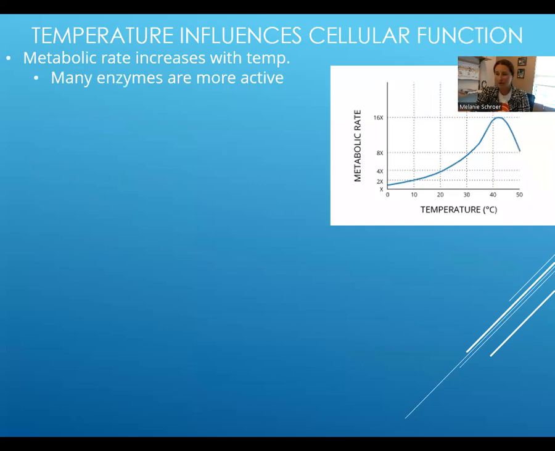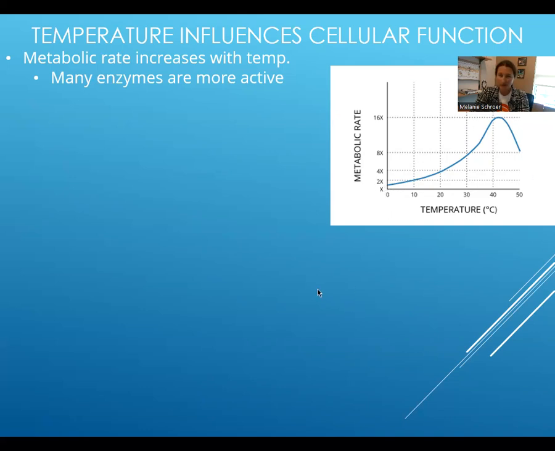So temperature is going to affect the living organisms within the water by essentially changing the metabolic rate within the animals or plants or anything. Temperature is directly going to influence how many enzymes are active and how active they are. As we can see, as temperature increases, metabolic rate is also going to increase.